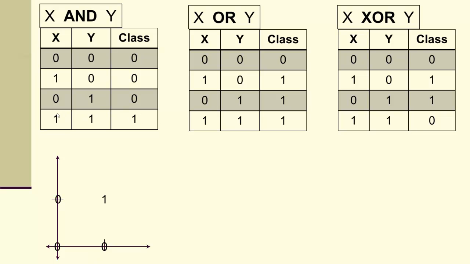This last one, however, you'll notice is 1, 1. That's this position in space, and because it's in class 1, I put a 1 here. Most importantly for us, we notice that it's linearly separable.